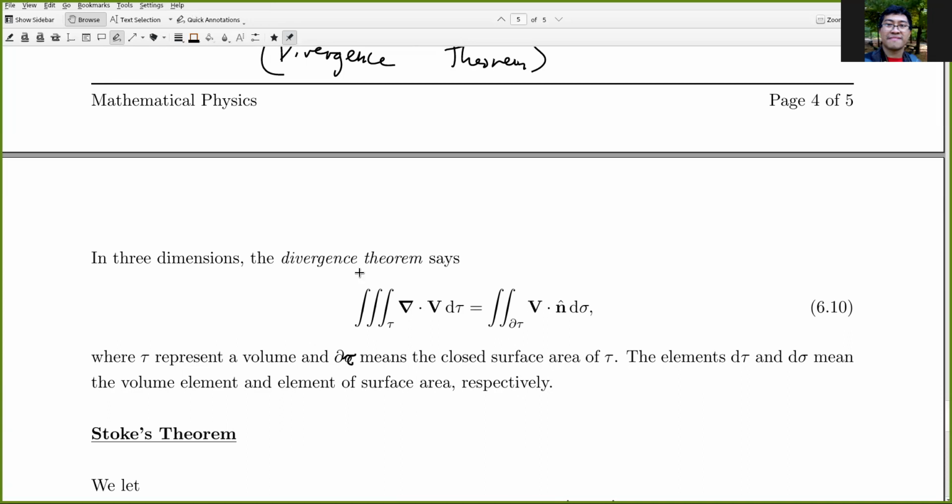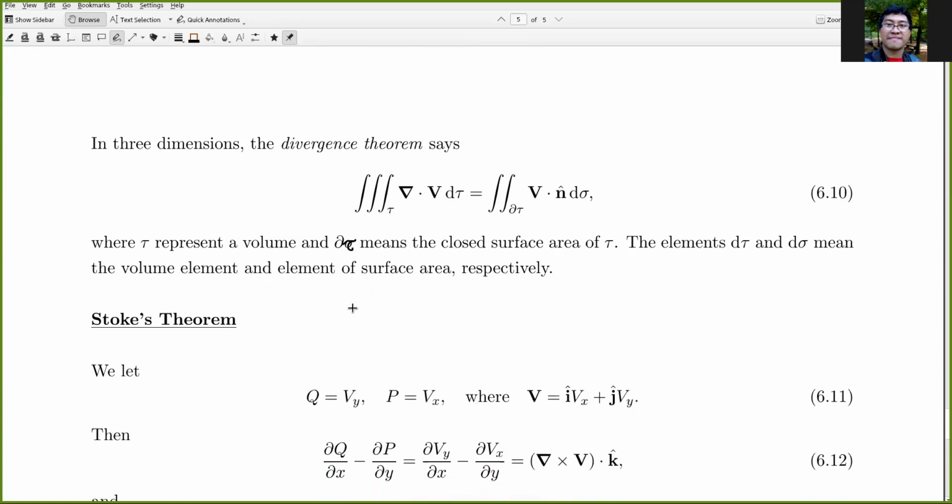So this is partial tau. The elements d tau and d sigma mean the volume element and the element of surface area, respectively.